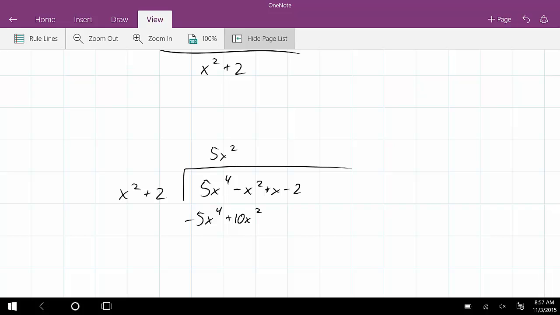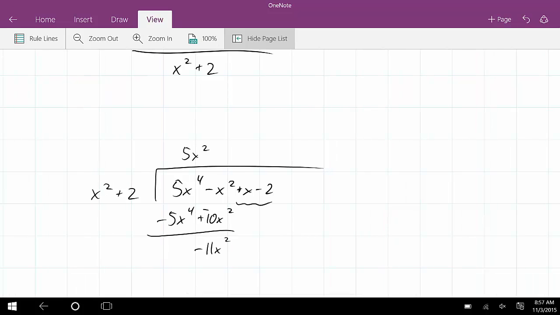Now I'm going to subtract, and I get 0x to the power 4 and negative 11x squared. So now I'm going to bring the rest of this down, and I'm going to have plus x minus 2.